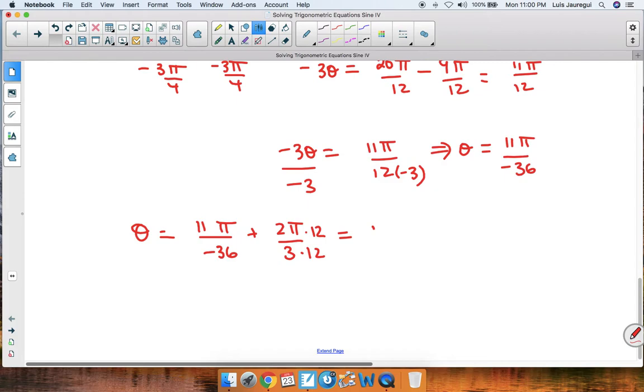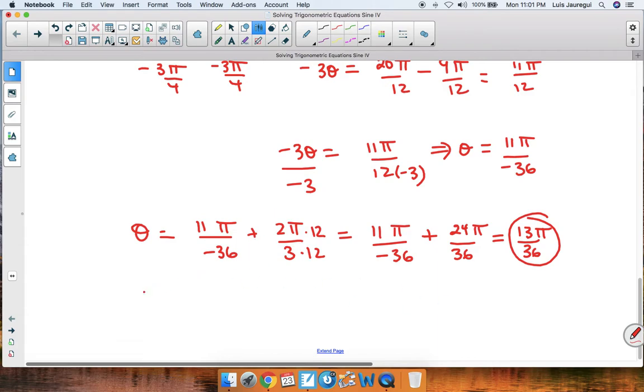So we have 11 pi over negative 36 plus the 24 pi over 36. Combining like terms, this now becomes 13 pi over 36. And this is an angle that works perfectly fine because it's between 0 and 2 pi.